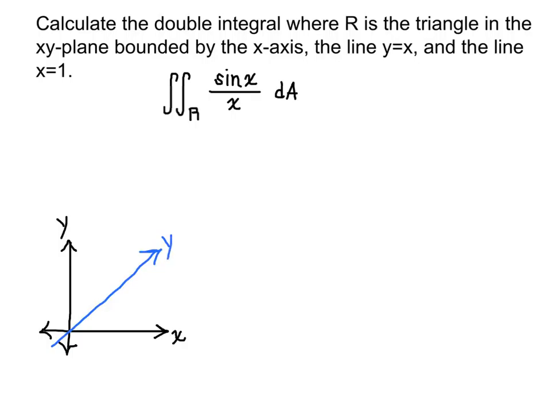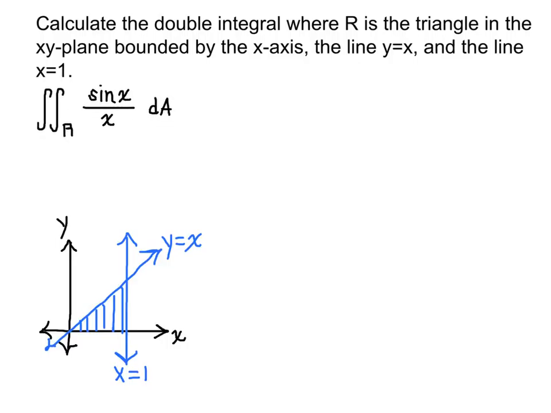And then we're going to have the constant function, x equals 1. So this is the base of our solid, looking down from a bird's eye view. Let's work out what this integral would be.